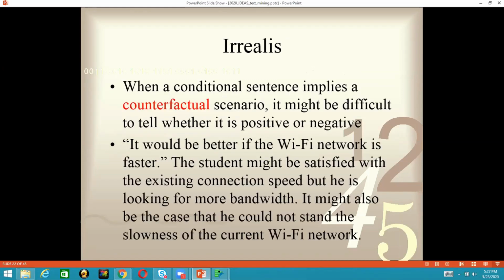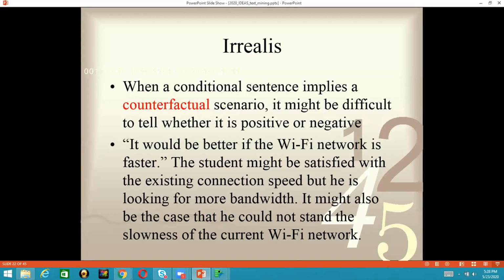And how about counterfactuals? The sentence is conditional, so it could be either way. For example, "it would be better if the Wi-Fi network is faster." What does it mean?